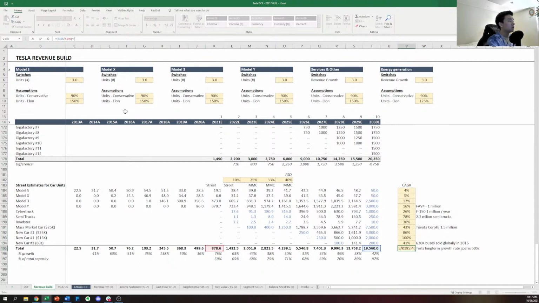To the power of 1 divided by that, minus 1. Nope, did something wrong. Man, I forgot how to find my CAGR. Okay, 36%.